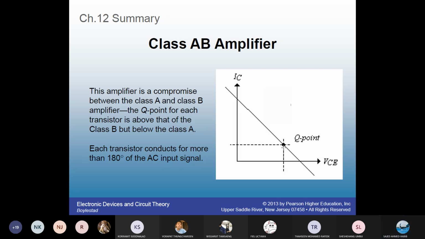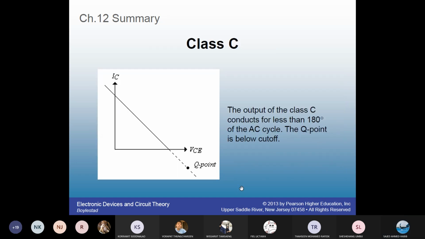You have more room to swing in this direction, but a bit less room to swing in the other direction. Therefore, the output conduction will be more than 180 degrees of the input cycle, but it will not be exactly 360. It can be less than that. Here is class C. The Q point is below the cutoff point. Conducts for less than 180 degrees of the input cycle.